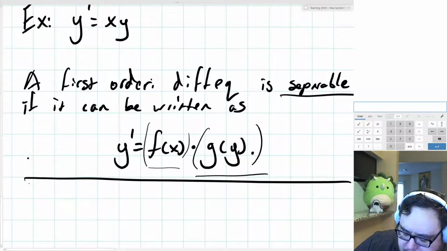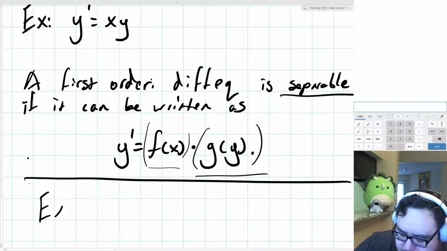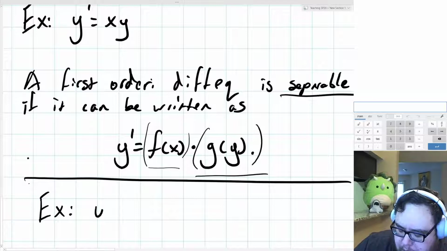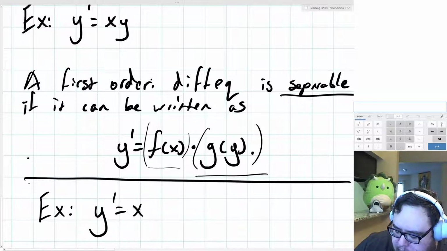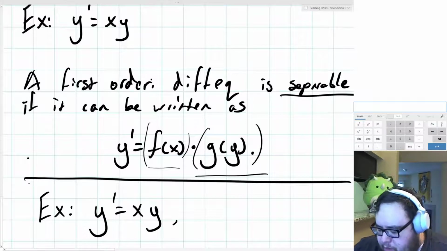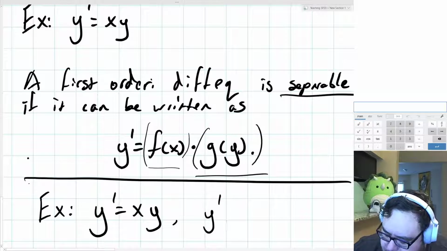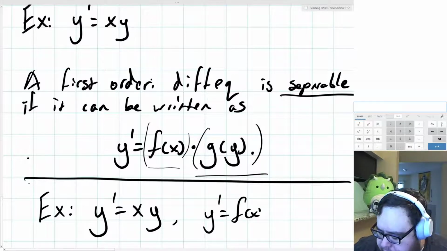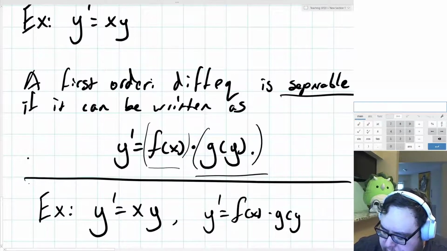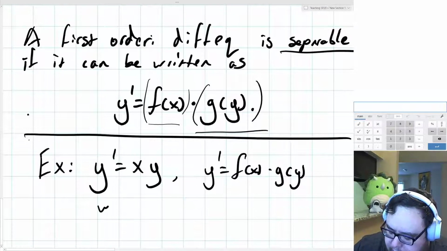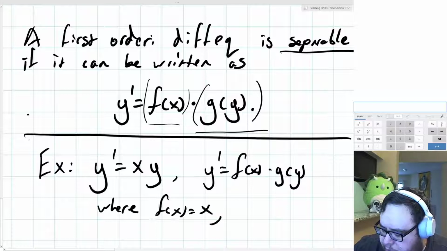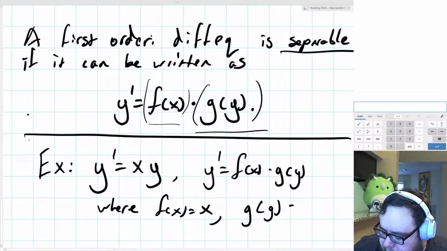So our example here, y prime is equal to xy, we can rewrite this as y prime is equal to f of x times g of y, where f of x equals x and g of y equals y.